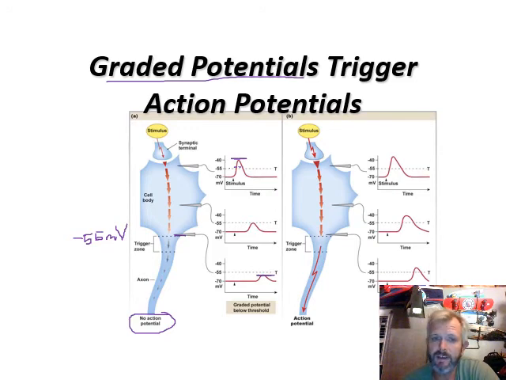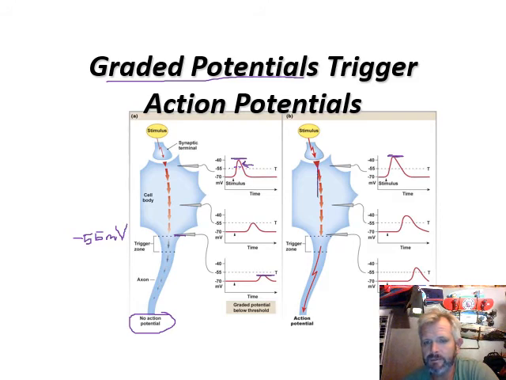But let's say we have a bigger stimulus. Okay, in this case, let's just say there's a bigger stimulus, there's more sodium channels that are open. We're going to have a larger depolarization. Okay, you can see how this depolarization here is much larger than this one.